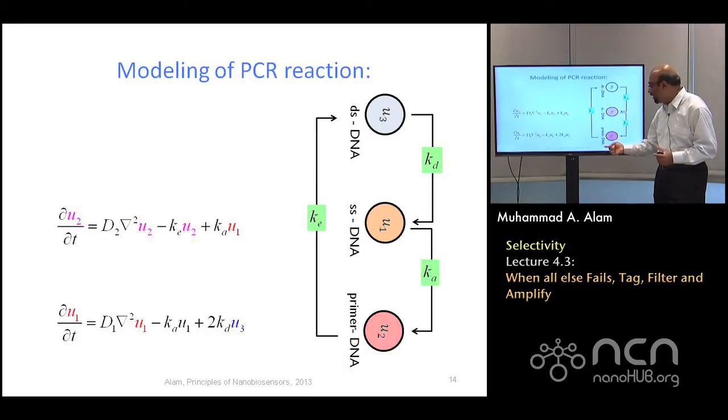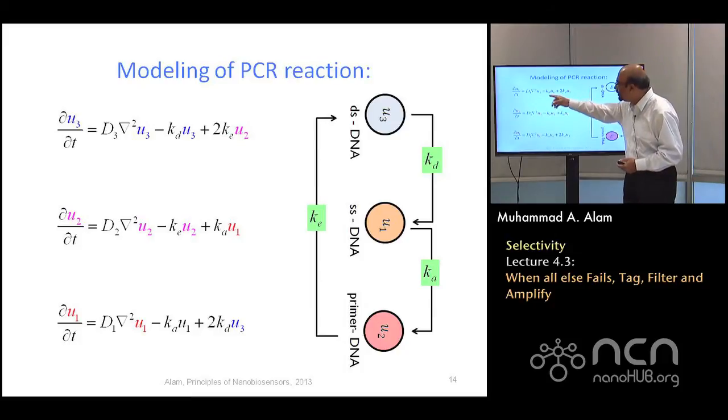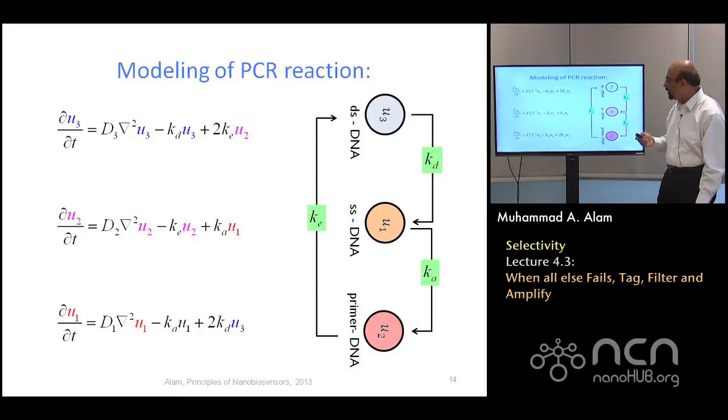So they are no longer just simple primed DNA, but really the fully built double-stranded DNA. So you have essentially these 3 differential equations. You have the unknowns U1, U2, and U3. The rate constants are all given, and therefore you can solve these equations. So I'll show you some examples about how the signals are getting amplified as a result.